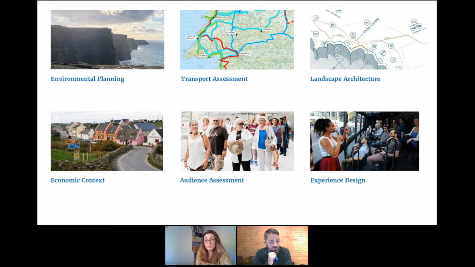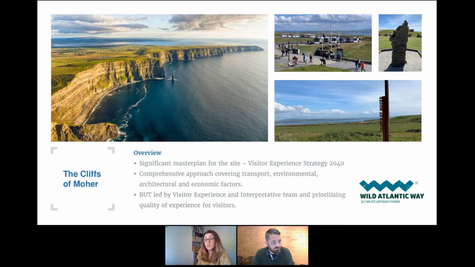We're considering different landscape approaches, both in terms of interpretive devices and the treatment of pathways and land ownership. We're looking at economic context, and obviously a key aspiration for the site is to encourage more visitors. You can see on the slide before, the site sits as part of one of these brand identities, the Wild Atlantic Way, that has been hugely successful in Ireland. Many people travel parts of that Wild Atlantic Way. It creates brilliant itineraries for you.